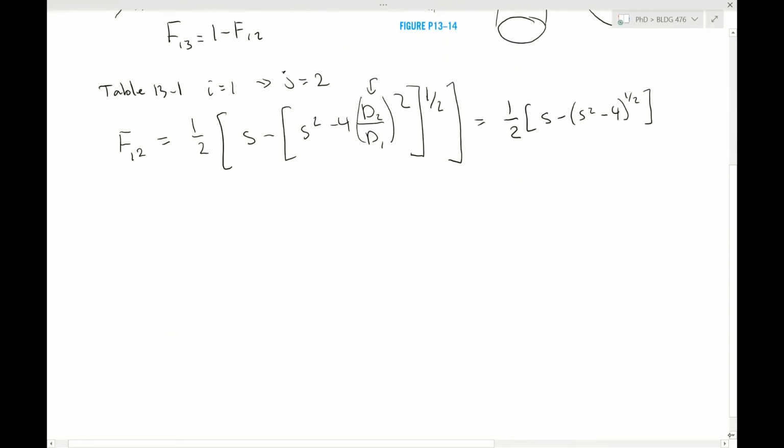And if you look at that table, we also have an expression for S. Again, this S is just to make the equation look a little nicer, but in table 13.1 they tell you what S is, and it's this.